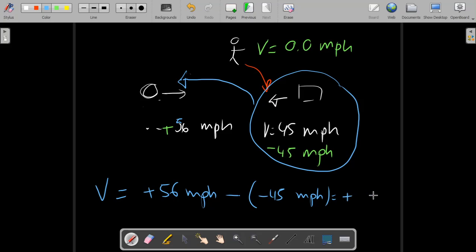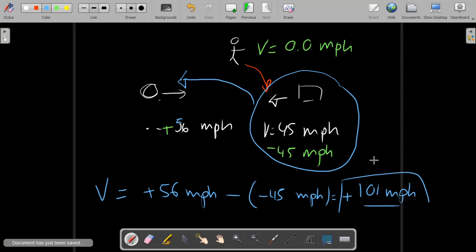Instead of a negative, you can have a positive 101 miles per hour. And that just means that the truck observes the car going towards the right with this velocity. That's what it means. Okay? Hopefully this makes sense. That's relative velocity, depending on who is observing the moving object.